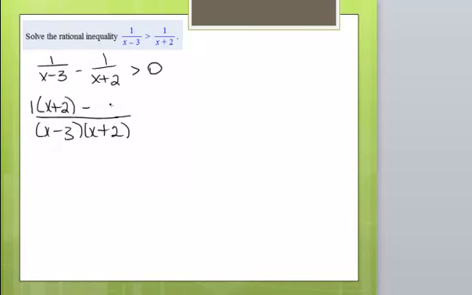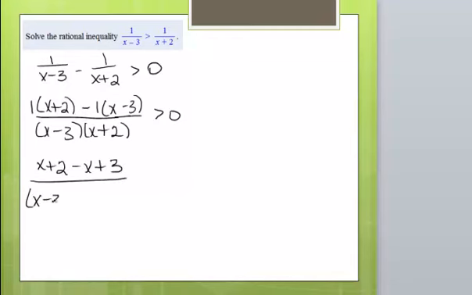And for this one, we'll have 1 times x minus 3. Distribute: x plus 2 minus x plus 3 all over x minus 3, x plus 2. So x minus x is 0, 2 plus 3 is 5.